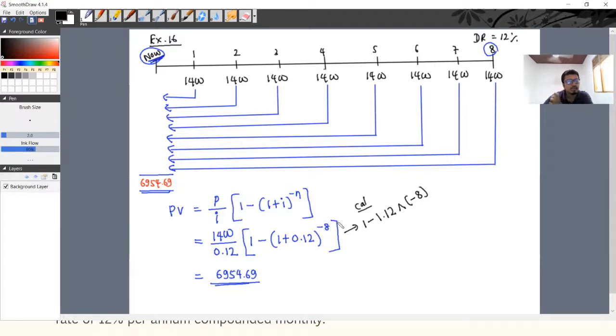We need the power value of minus 8, therefore we need to give it within brackets. Then since it involves pluses or minus, we need to click equals. Then we get the answer inside this bracket. Then that one we need to multiply by 1400, and divide by 0.12. Press equal, you should get this 6954.69.